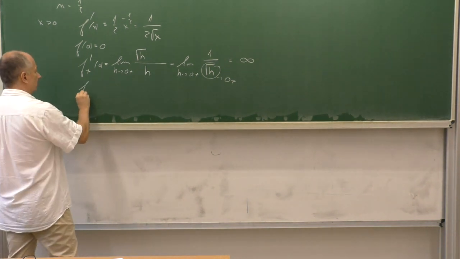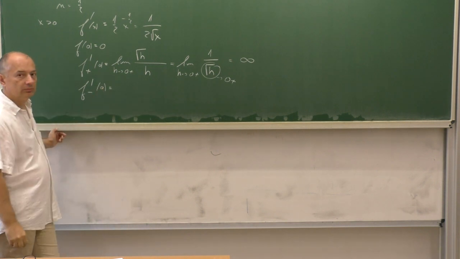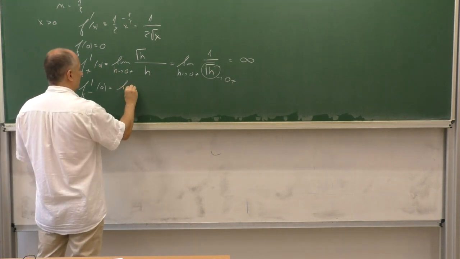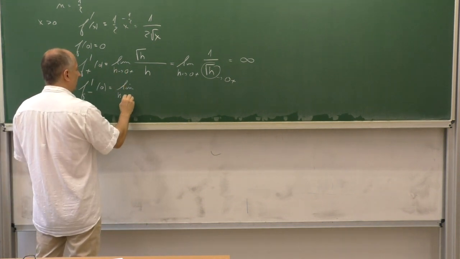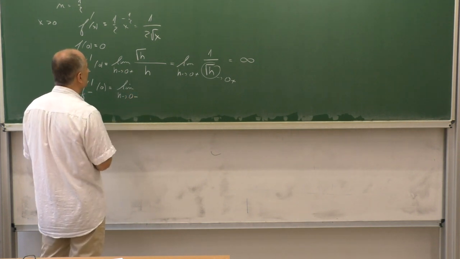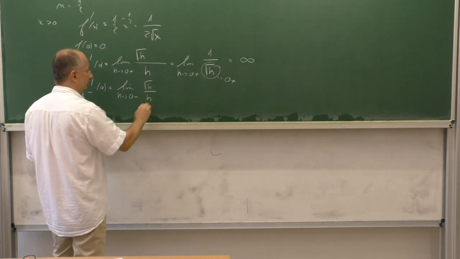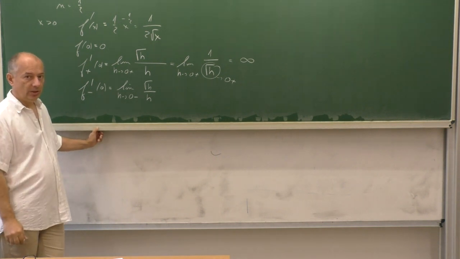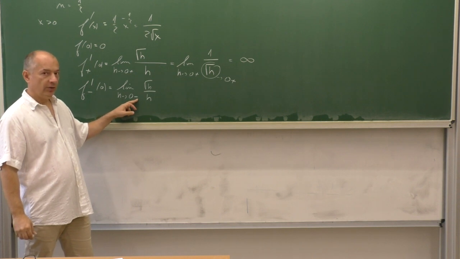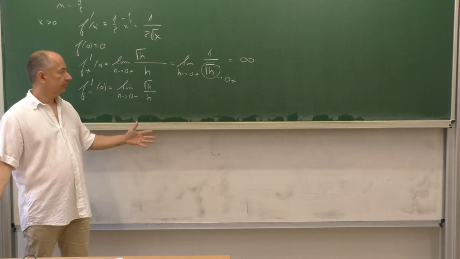What about the left derivative at 0? If we consider again the definition, now the limit for h approaching 0 from the left, and here we have the same expression as before, but now when h converges to 0 from the left, it's a small negative number, and square root of h has no result.